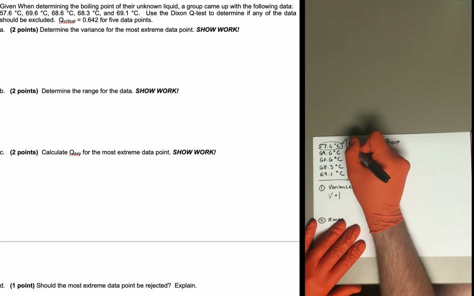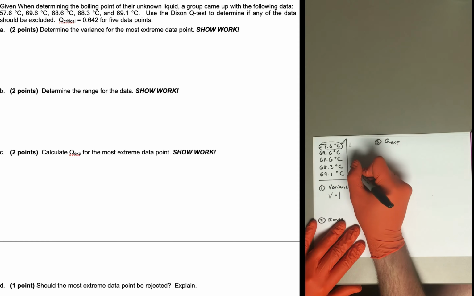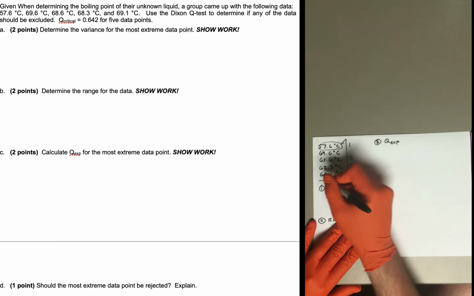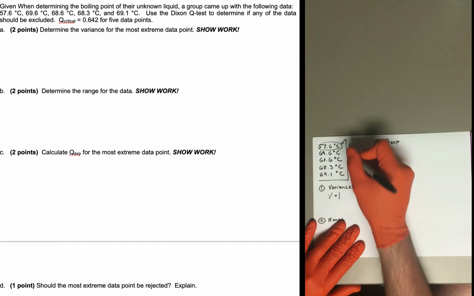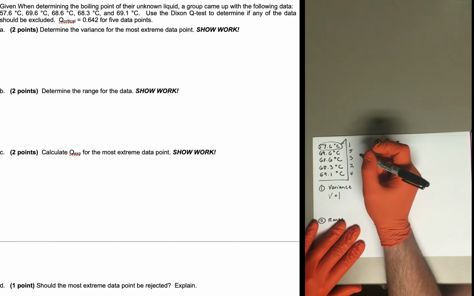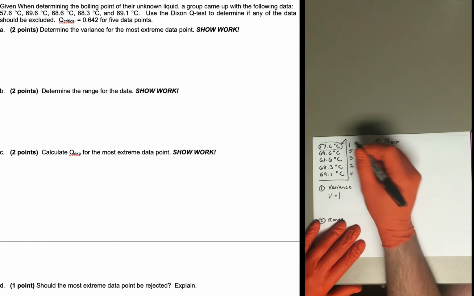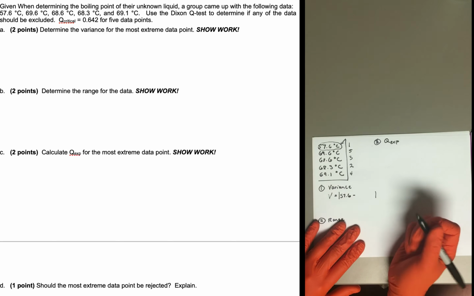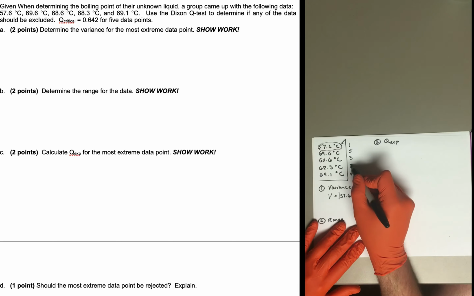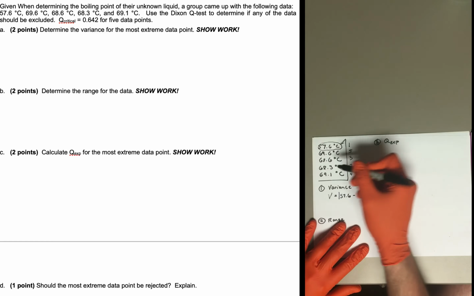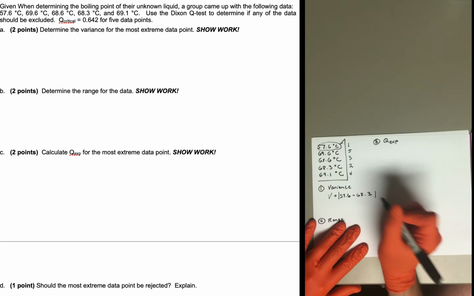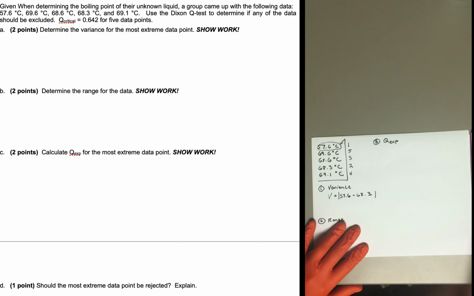But clearly if we number them, this is our lowest, then we have 68.3, we then have 68.6, 69.1, and then 69.6. Okay? So the variance would just be the difference between the one that we're trying to throw out, 57.6, minus the next one in the sequence, which in this case would be 68.3. So it's always the number directly next to it once you put them in numerical order.